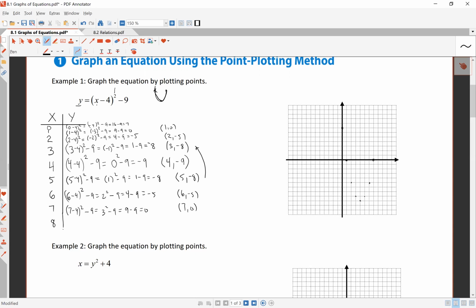And plugging in 8, we have 8 minus 4 is 4, squared is 16, minus 9 is 7. And connecting those dots, we see our parabola formed.